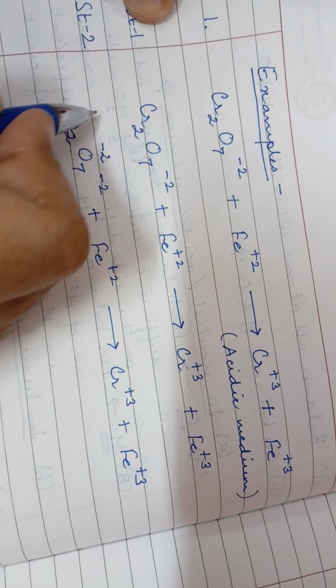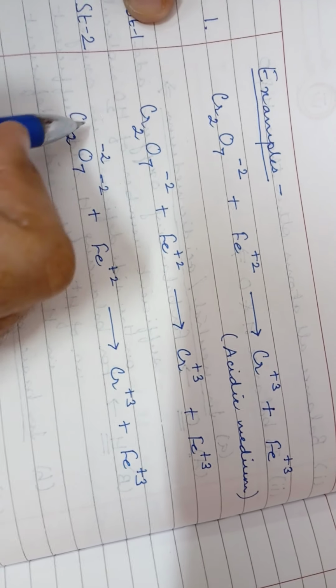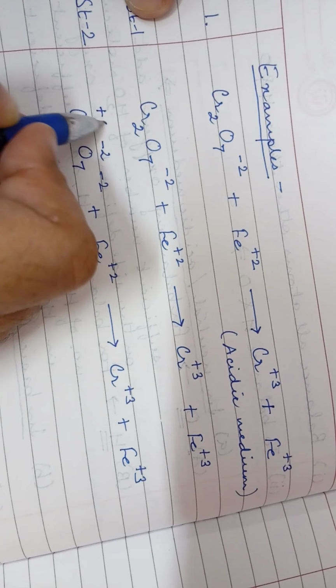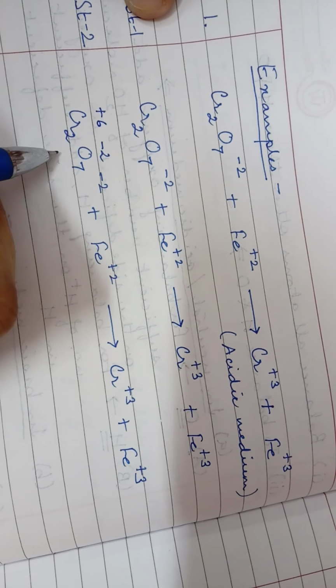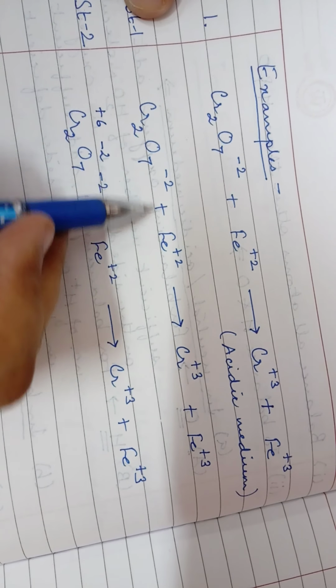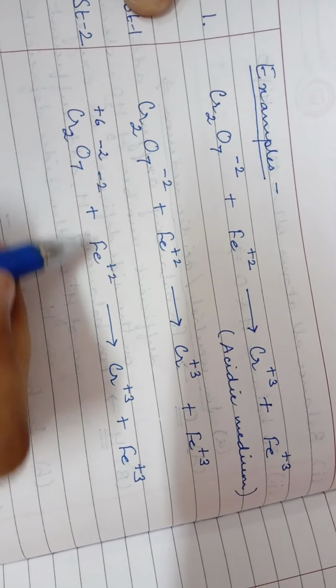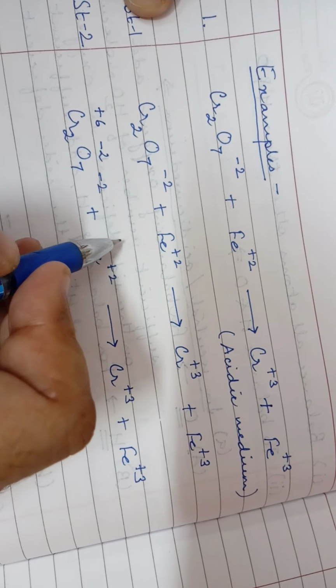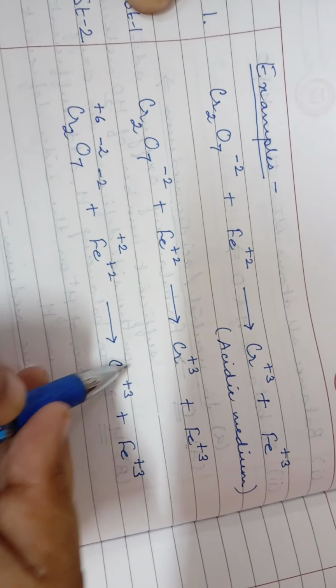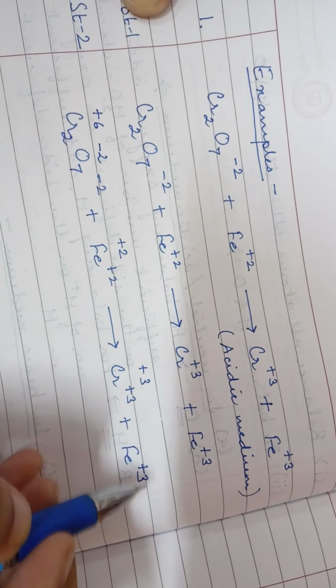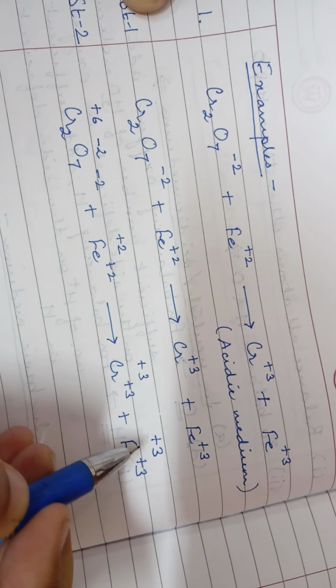Chromium will have +6 oxidation number, because 2 chromium will have -2 plus 14, that is 12. So 1 chromium will have +6. Oxidation number of iron is already written here, +2. Chromium is +3 and iron here is +3.